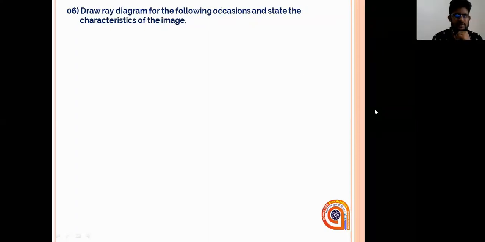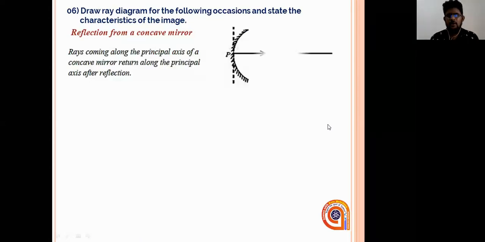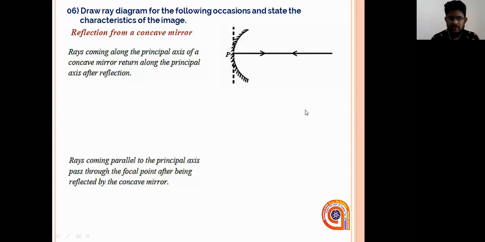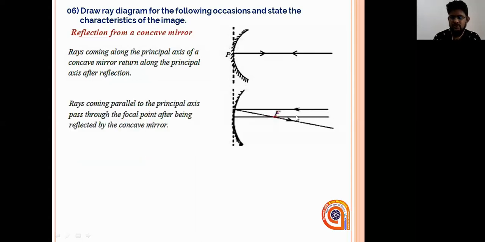Just before we draw these, let me remind you of some factors for reflection from a concave mirror. Look at the diagram given here. If a ray comes along the principal axis, it will be reflected along the principal axis. That is the first point. The second one is, if a ray comes parallel to the principal axis, it will move through the focus, because of converging mirrors.